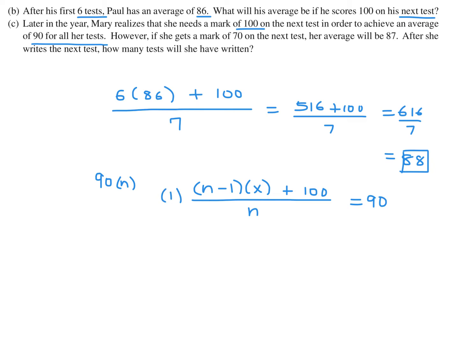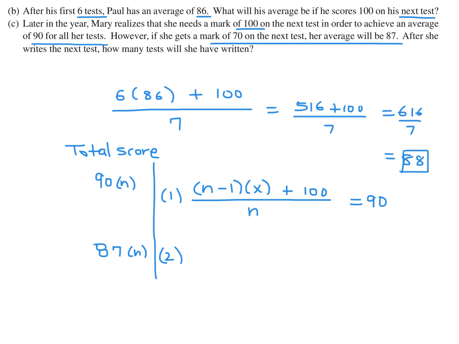The second sentence is very similar. The total score, let's just write that in here, total score. For the second sentence, that whole thing will be 87n. So how do we get that?